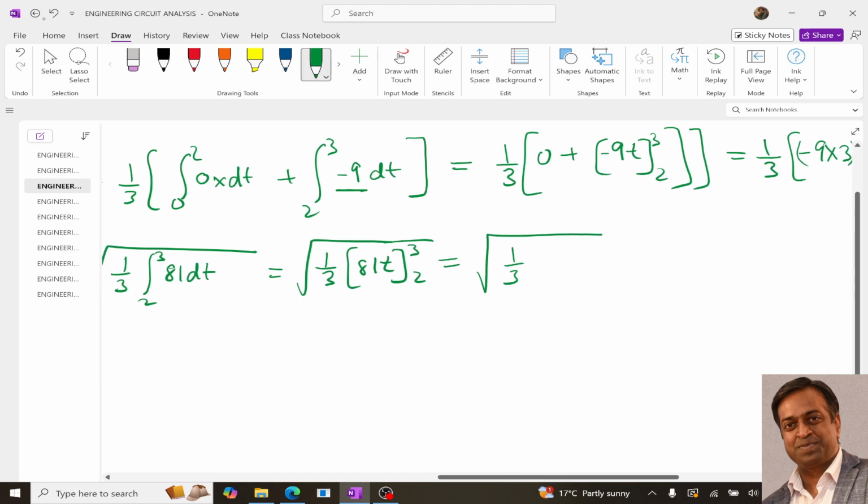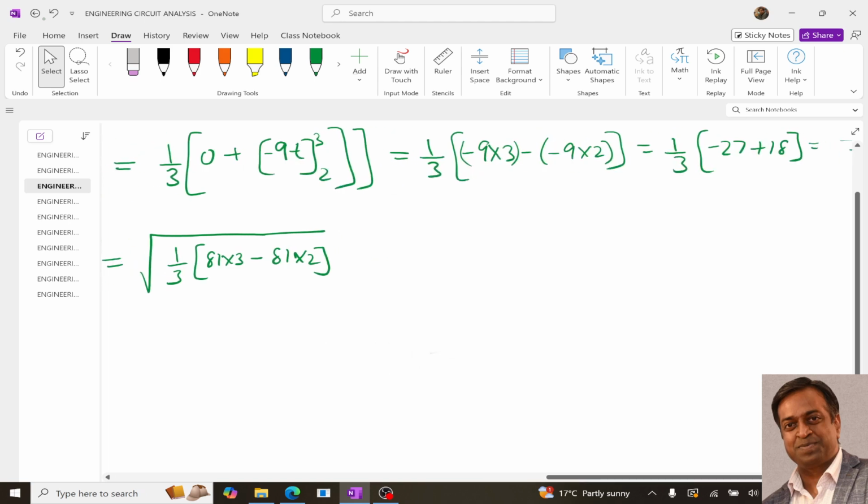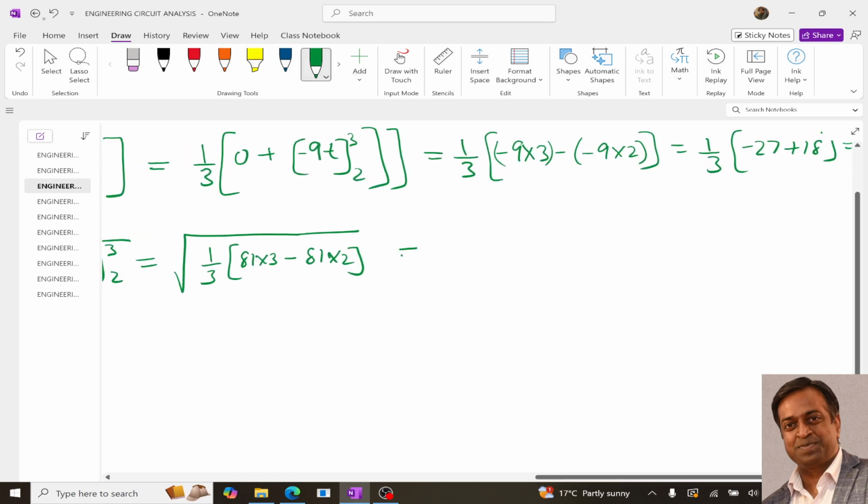So 1 by 3, and then 81 into 3 minus 81 into 2. So we will get 1 by 3 into 81.